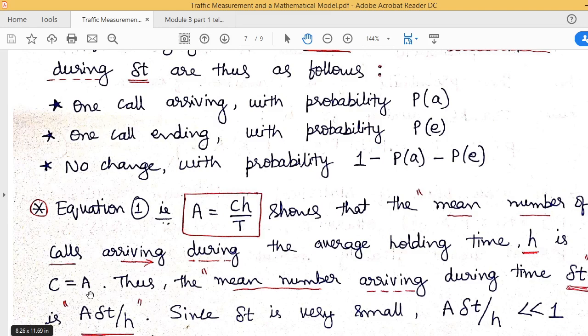So C is going to become equal to A if I make the time duration that I am considering exactly equal to the average holding time H.